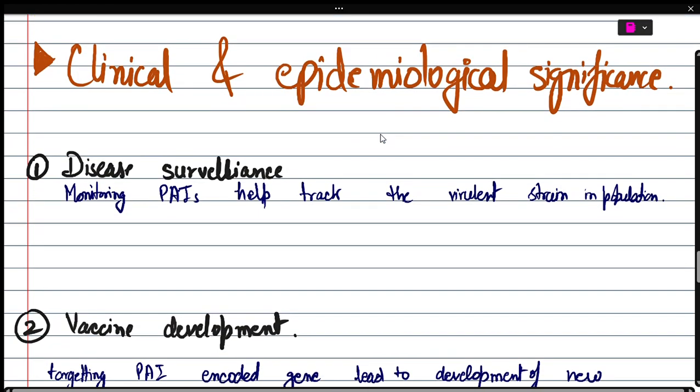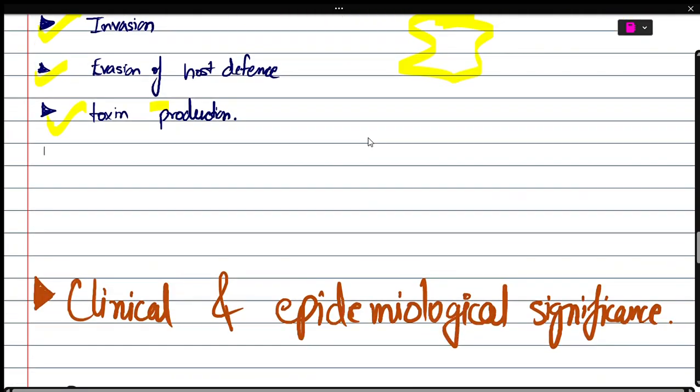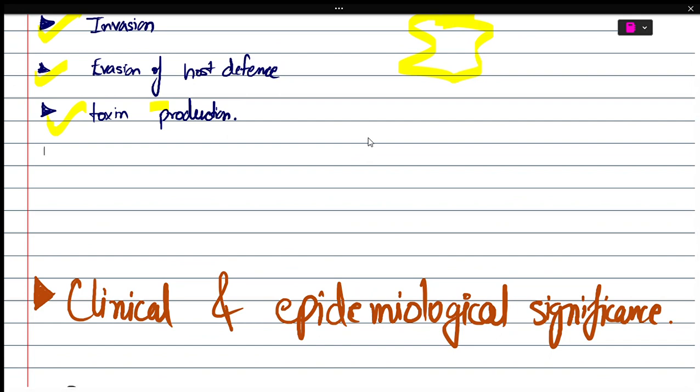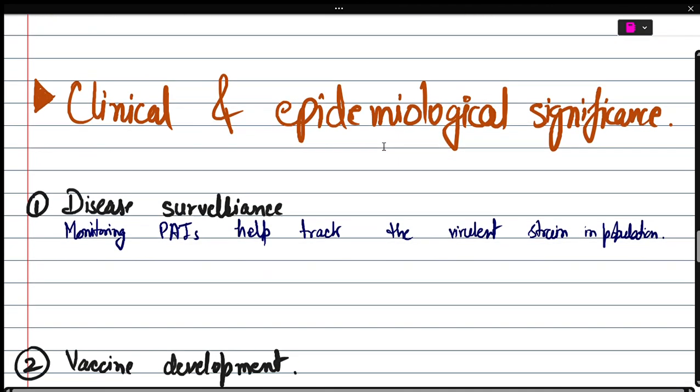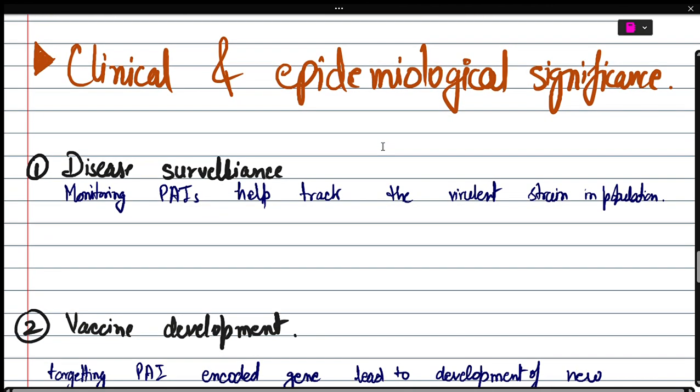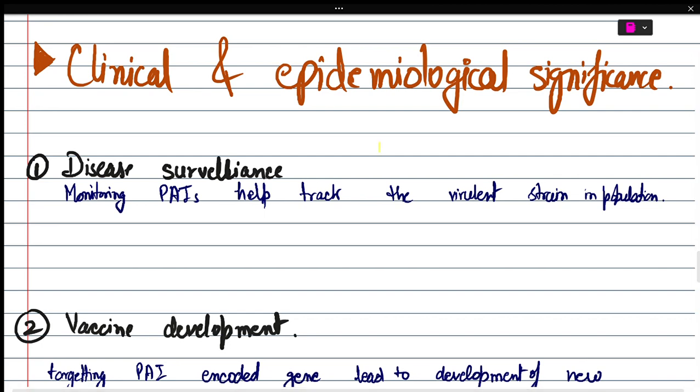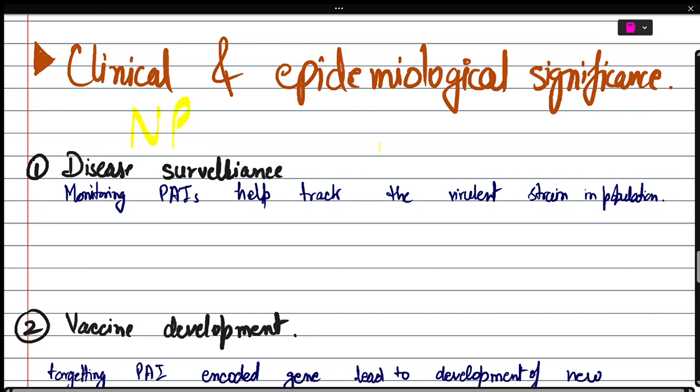Now we will move to the last topic of the day, the clinical and epidemiological significance of PAIs. Of course, we have read about how dangerous these PAIs can be, because they can convert a non-pathogenic microorganism into a pathogenic one by introducing foreign genes.